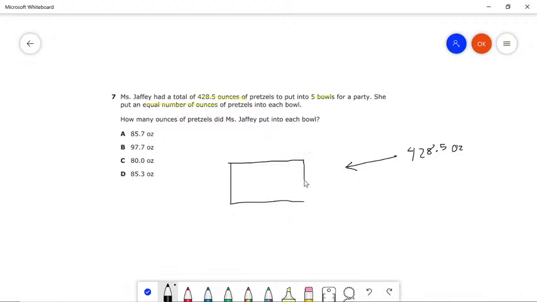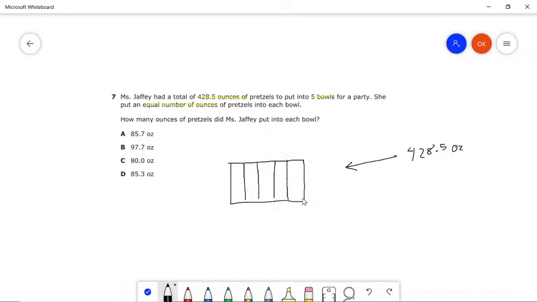So let's say this is the amount of pretzels that Mrs. Jaffe has, and she wants to split the 428.5 ounces into 5 parts so that she could put each part into one bowl. So 1, 2, 3, 4, and 5.